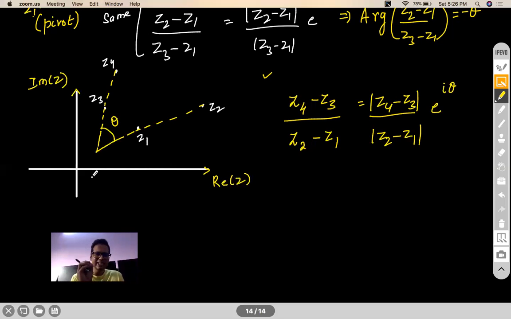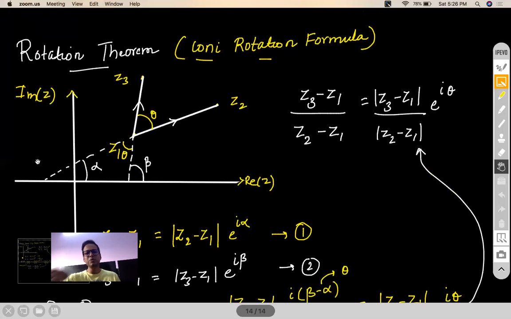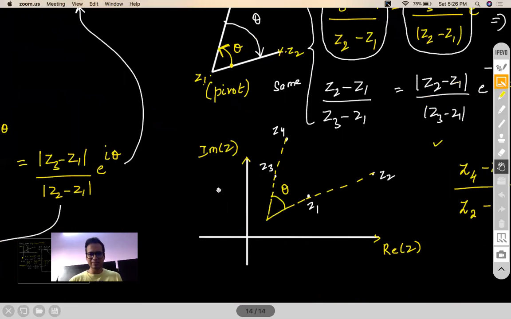They did not have the same pivot point as what we had discussed in this case, so I'm making it even more general, more generic.